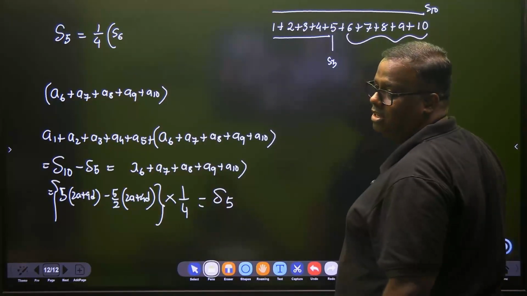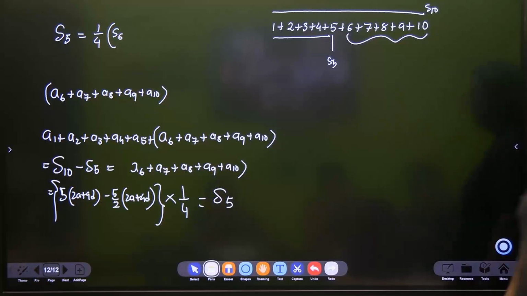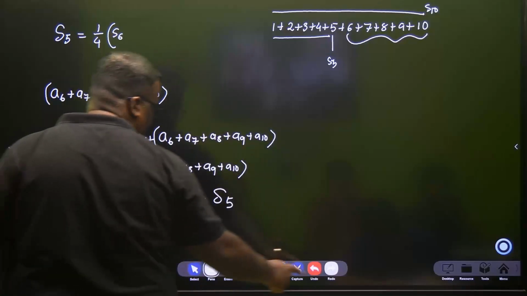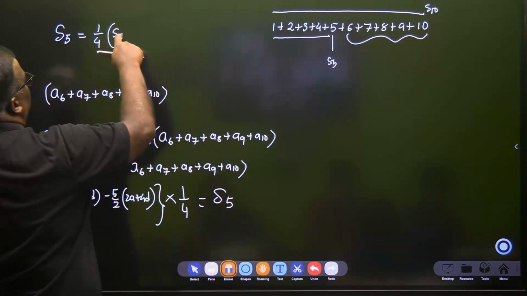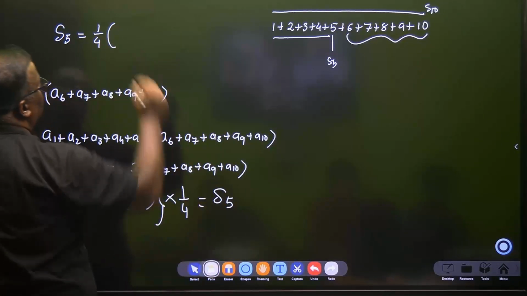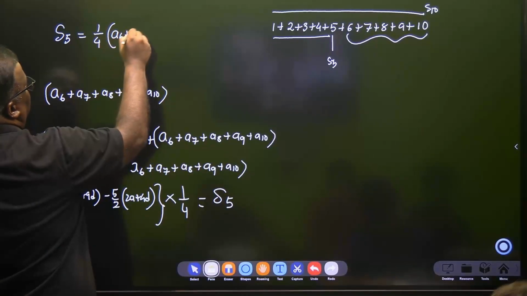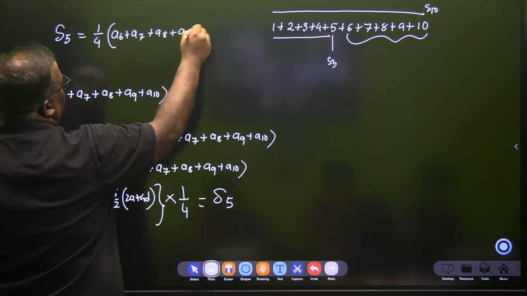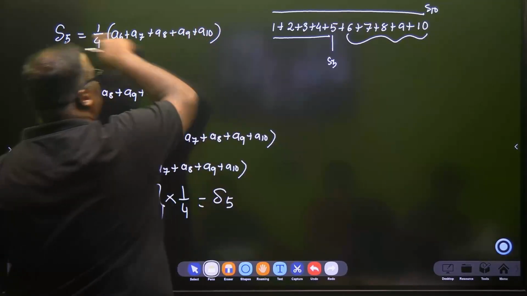This is remaining. This is the sum of the next 5 terms, that is A6 plus A7, A8, A9, A10. This is the logic given to us.